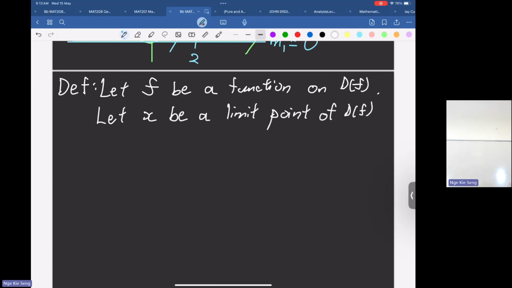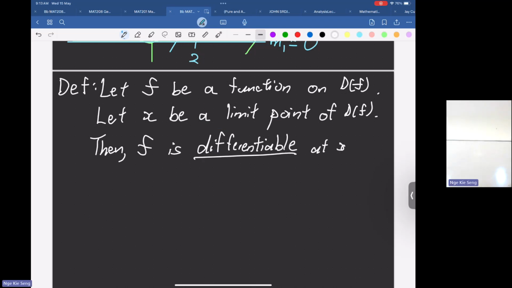So we say that f is differentiable at x0 if what? What did we say yesterday?